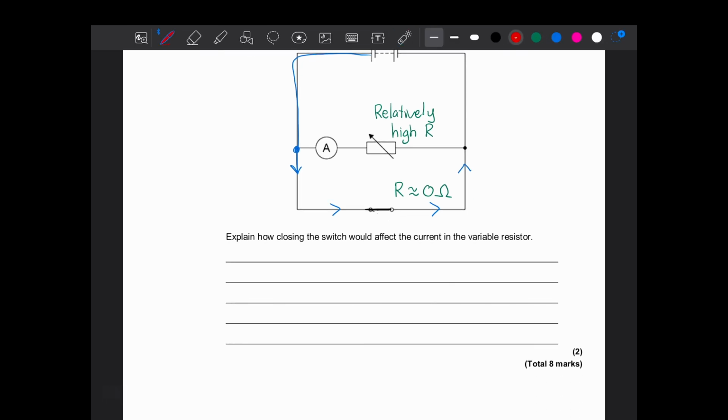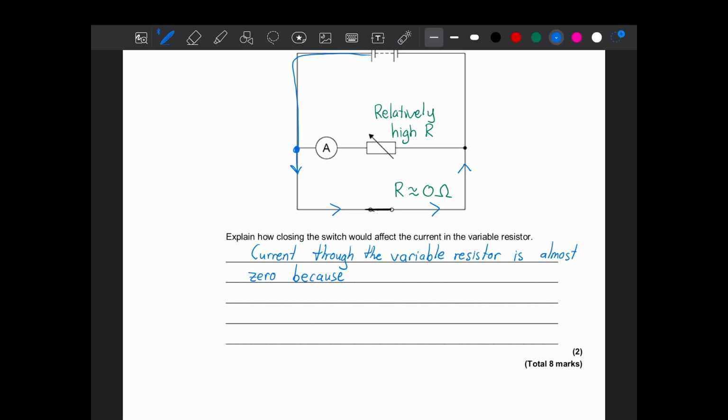First off, just saying that in the first place, current through the variable resistor is, or would be, I guess, almost 0. Because, remember, it's an explain question, so we always need to say why or say because, give a reason when it's an explain question.